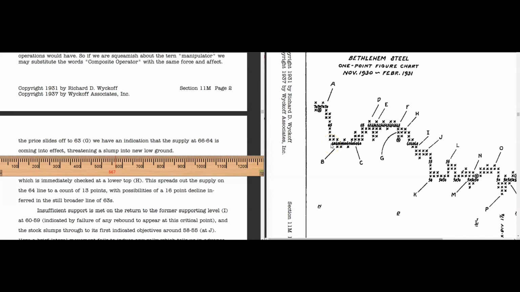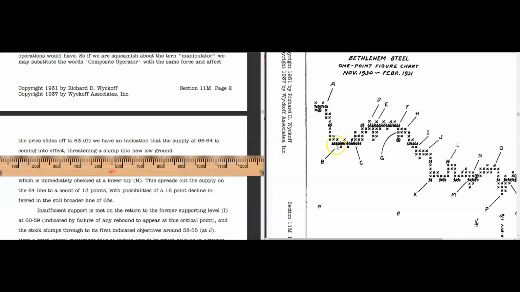What is that accumulation? It is right here, and it is indicated in this line from 60 and 59. Why? Because you just count the number of touches. At 60, it's 1, 2, 3, 4, 5, 6, 7, 8. At 59, it's 1, 2, 3, 4. But you have to include the spaces.